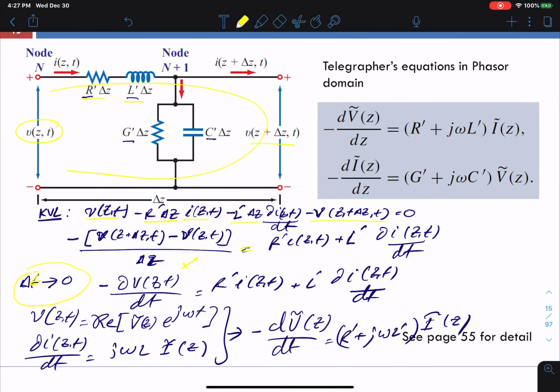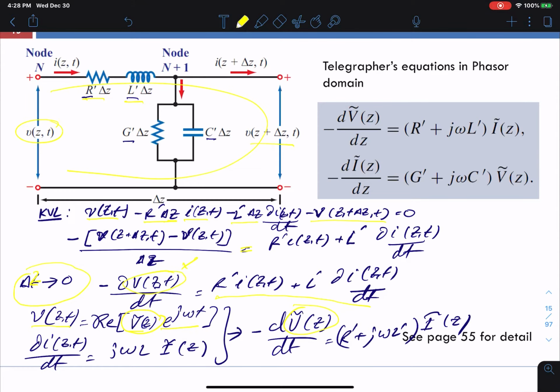So you know that from the limits, this becomes a derivative here, and this side still stays the same, right? Now if I use the phasor notation, V(z,t) is the real part of the phasor with the complex exponential, right? So then I can replace this one with the phasor right here, right?